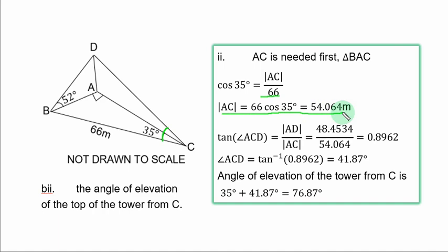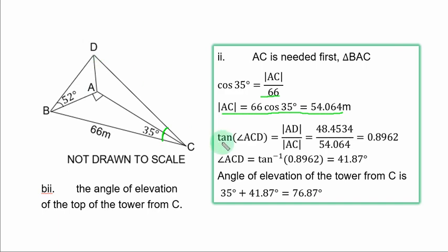To get angle ACD, we are now considering AC with AD. AC is the adjacent while AD is the opposite, considering triangle ACD.